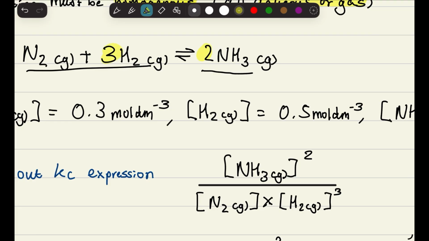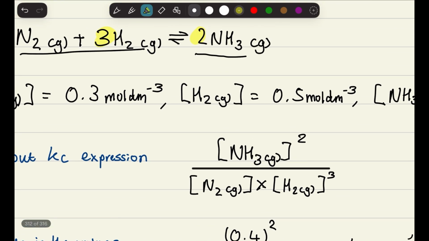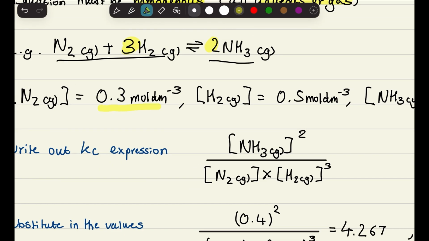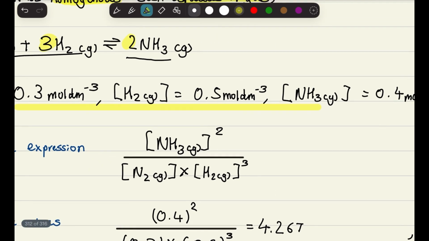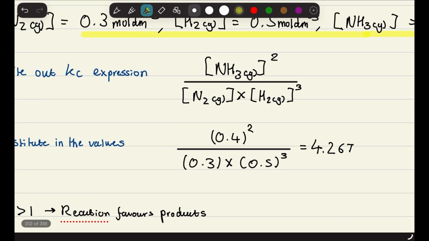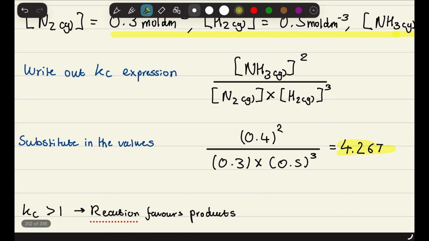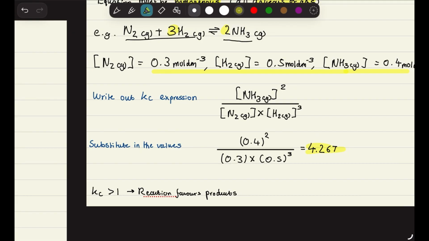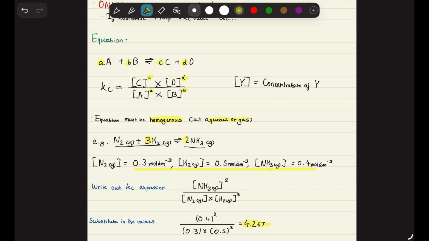We've got a 2 here and a 3 here, which is why we're going to square the ammonia, and we're going to cube the hydrogen. Now, just sub in the values you had for your different concentrations. When we sub them in, we get a Kc value of 4.267. Simple as that. It's fine. Units you don't need to worry about at this stage. Because the Kc value is greater than 1, our reaction favors the products. Hope that makes sense in terms of explaining Kc.